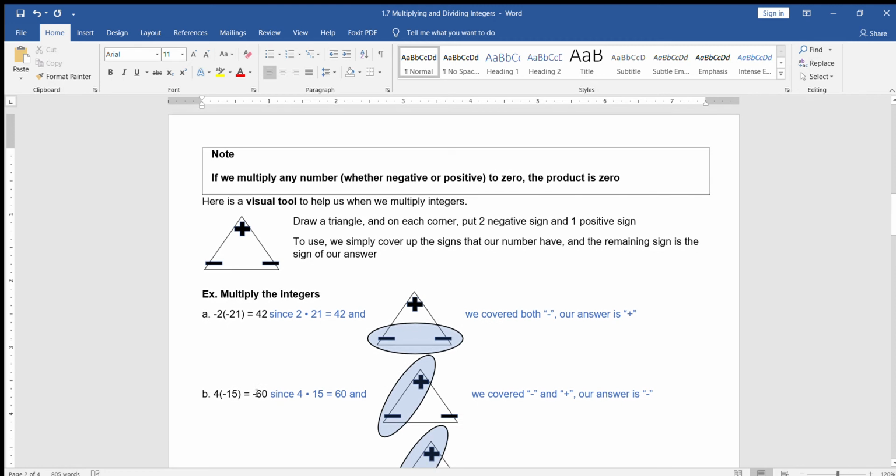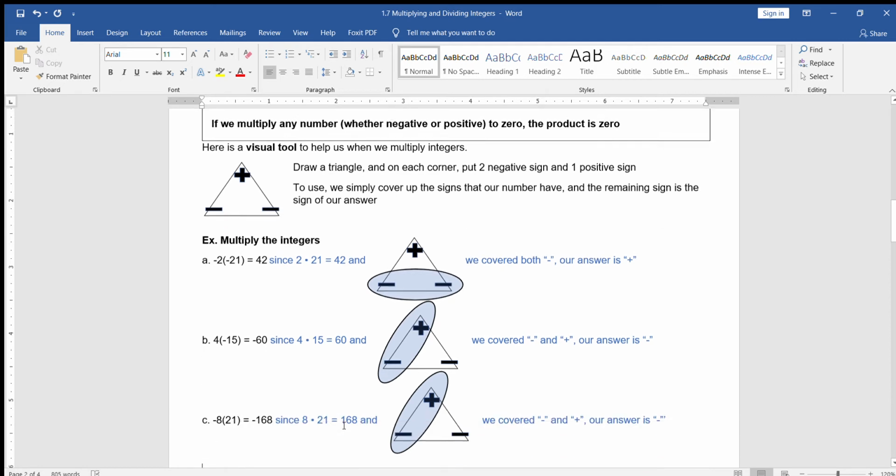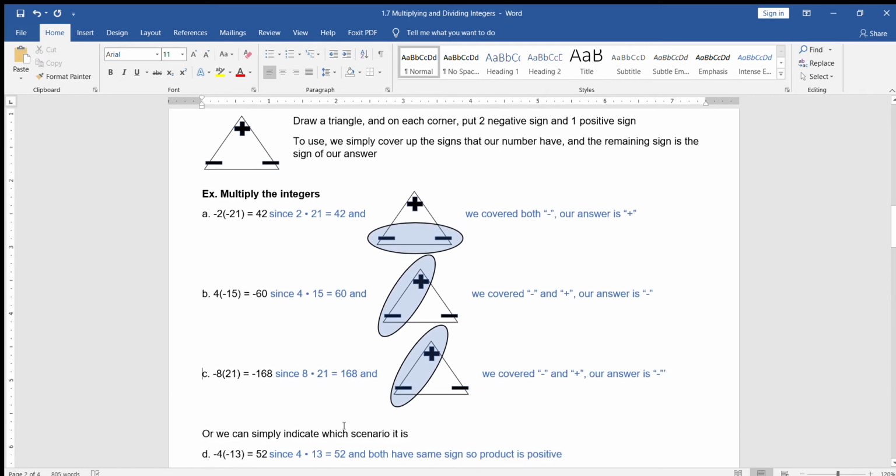So let's move on to B. 4 times negative 15 is equal to negative 60. Why is that? Well, first of all, since 4 times 15 is 60, and when we cover a positive sign and a negative sign, as you can see, the remaining sign is negative, so our answer is negative. Is there another one?